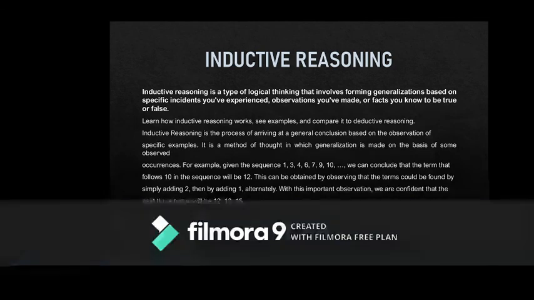This can be obtained by observing that the terms could be found by simply adding 2, then adding 1 alternately. With this important observation, we are confident that the next three terms will be 12, 13, and 15.